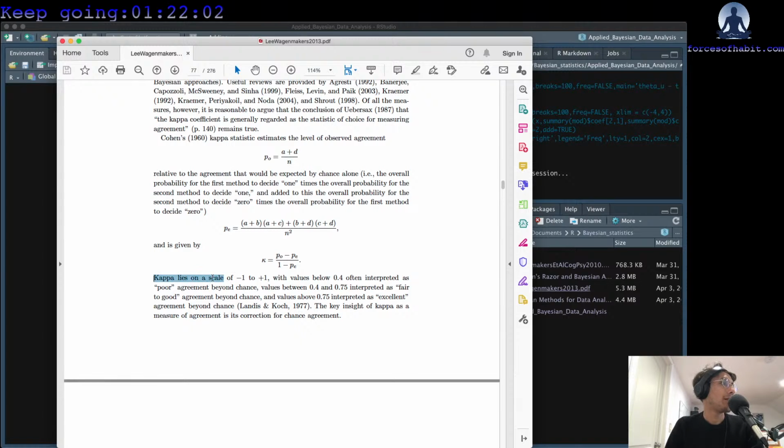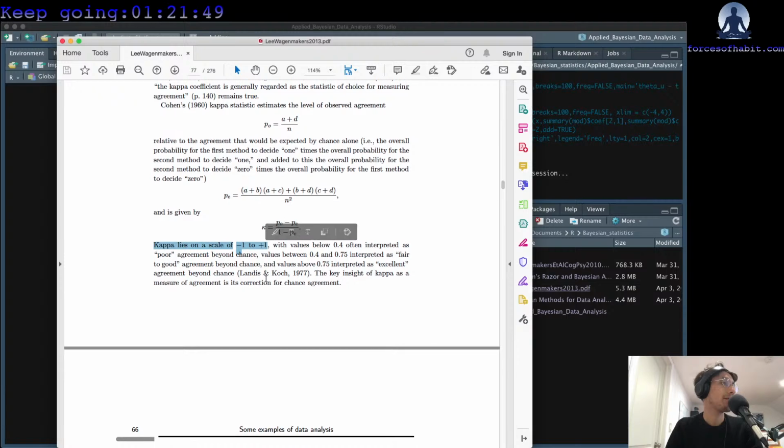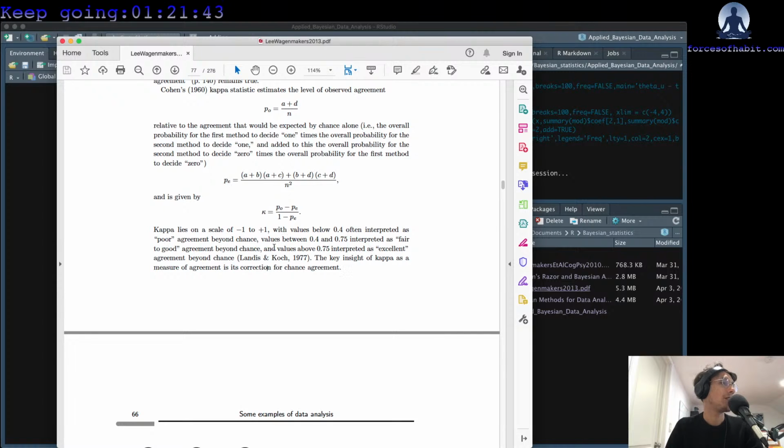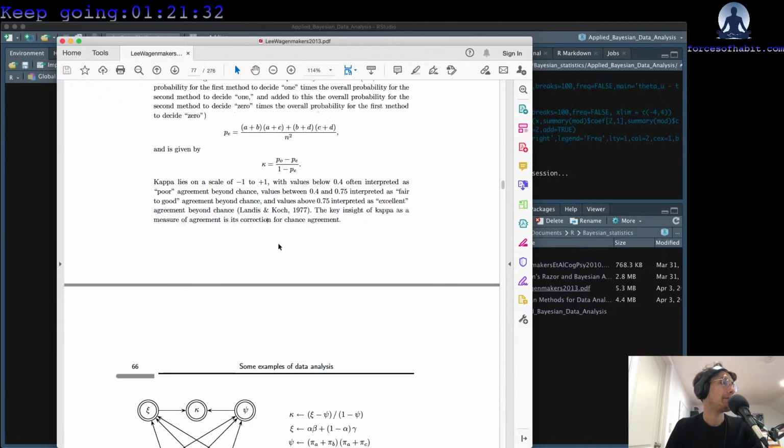Another important thing to consider, especially for modeling, is that we might specify Kappa as being from -1 to 1, with values below 0.4, and then it gives us some conventional interpretation levels for varying levels of Kappa.